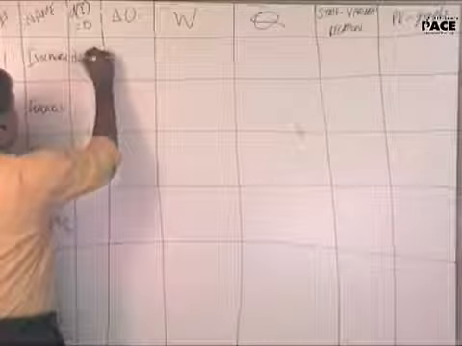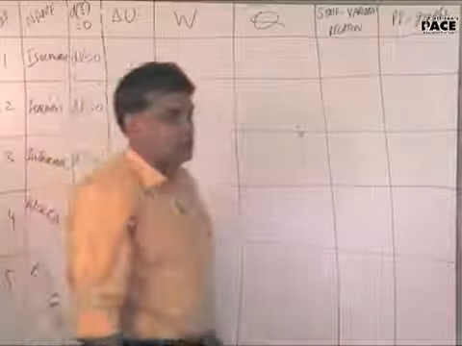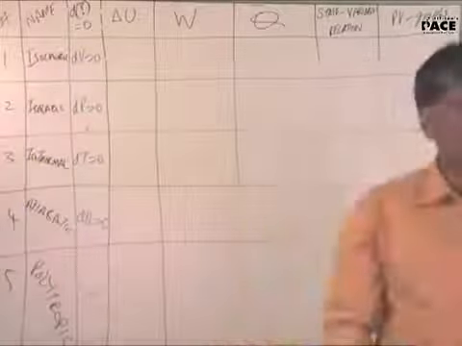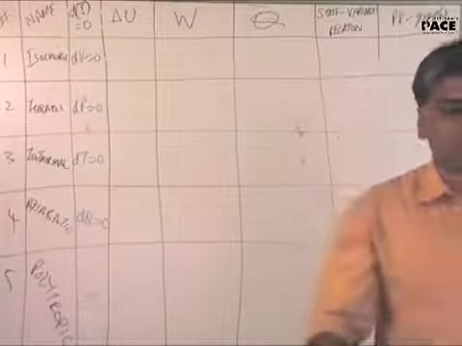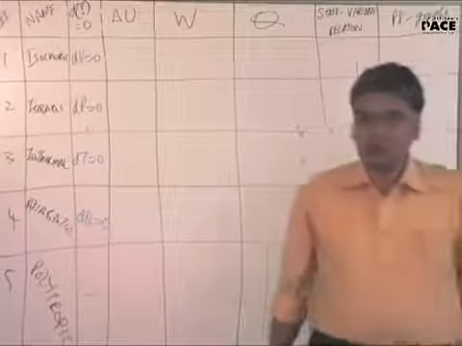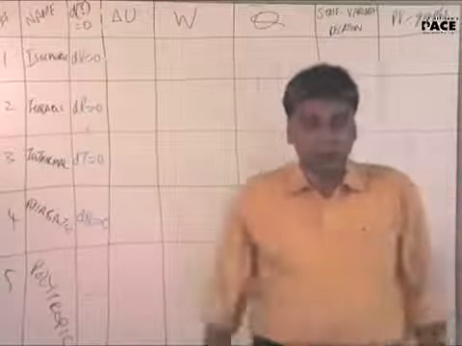Isochoric meant what? dV is 0. Isobaric means dP is 0. Isothermal is dT is 0. Adiabatic is dQ is 0. You can't say for polytropic process any one such thing. Is the second column fine with you, all the values, and you know it perfectly well? Rather you remember it right now.